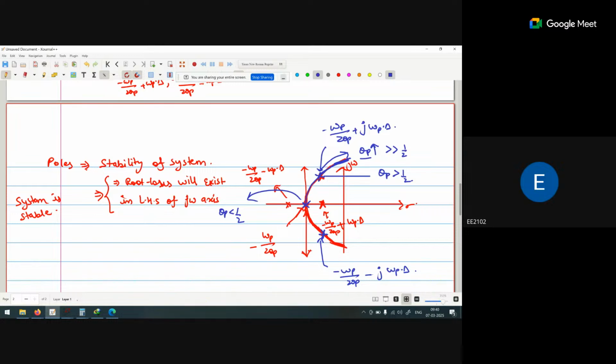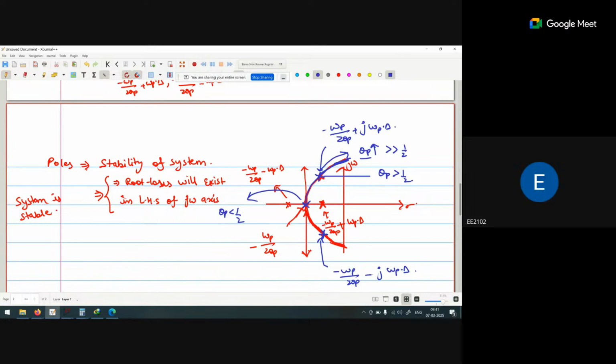Okay. So the purpose of calculating these poles is what? I already told in the previous class that first order system is stable, second order system is stable, and third order system is unstable. Do you remember that?